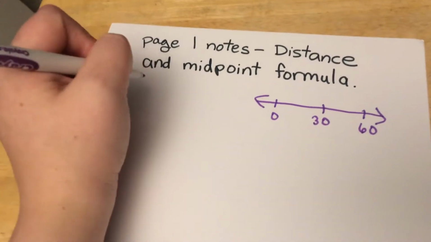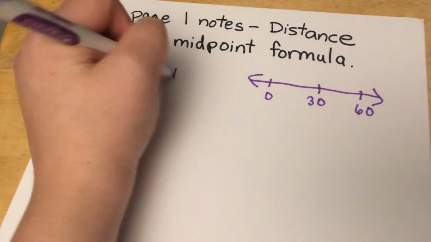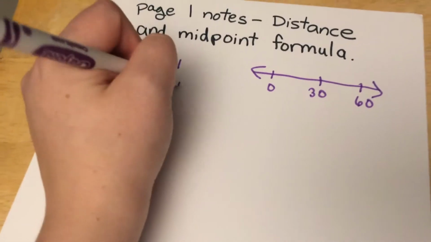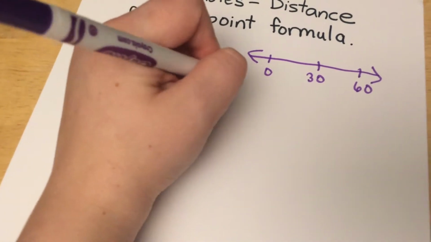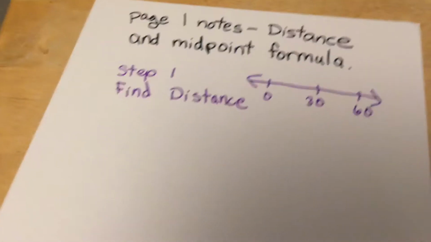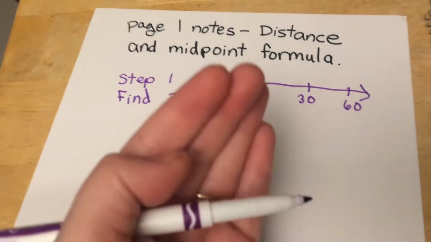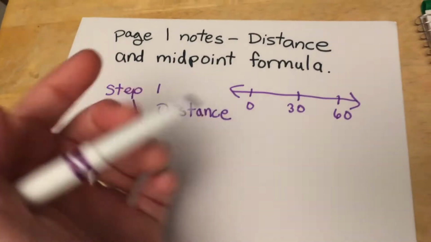Okay? So we went through and we said, step 1, find your distance. Then we talked about how distance is always positive. You can show a positive sign and negative sign to show direction, whether it's going from left to right.